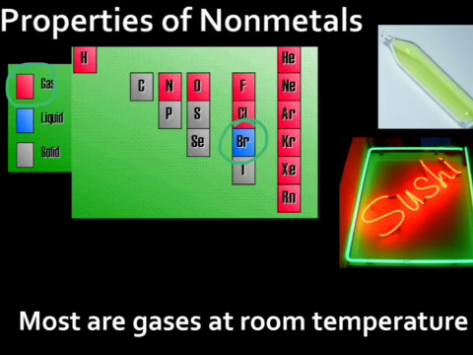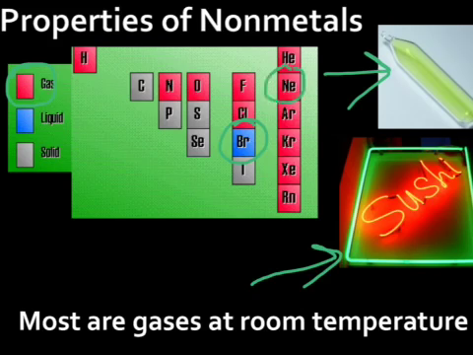These two pictures are examples of some nonmetal gases. In this tube is chlorine gas. That's what chlorine looks like all by itself. And then in these lighted signs, we call them neon signs, the red color of the word sushi there actually is neon gas that's inside that tube, and it's being lit up.